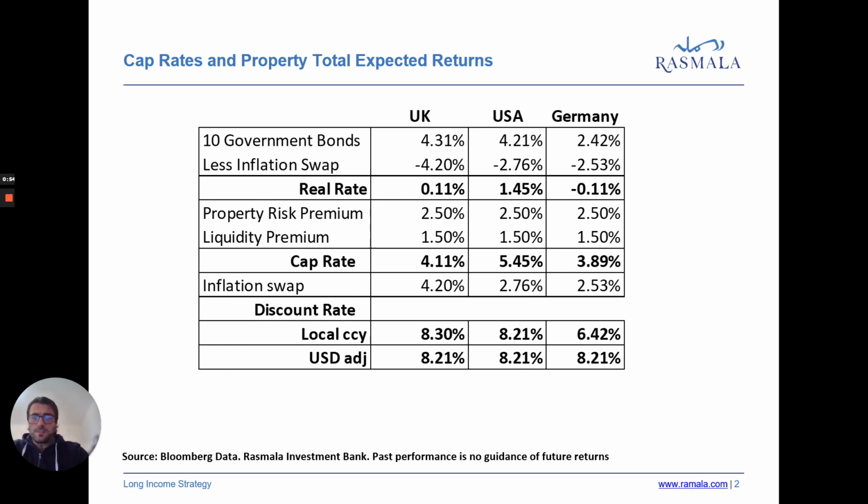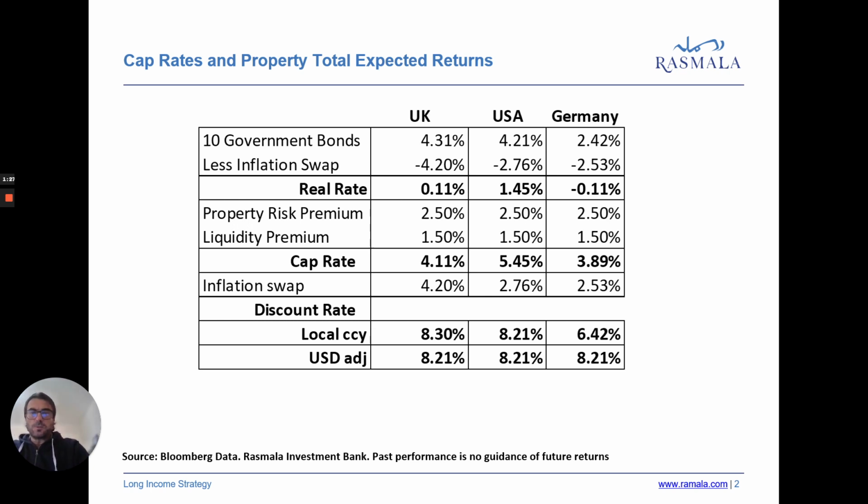Over the last few weeks, there has been a lot of talk about the impact of rising interest rates on property valuations, rightly so. But I continue to see references to the cap rates being below interest rates or very close to interest rates as the primary reason why the property market should correct.